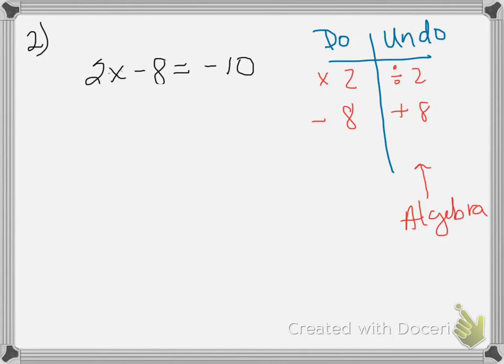If we don't have a variable, we do PEMDAS. But when we do algebra, if there's a variable, we go back. When we have a variable, we do the opposite on both sides. So the first thing I'm going to do is add 8 to both sides.